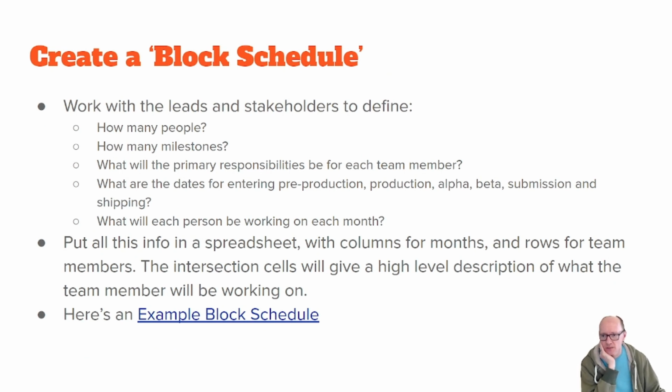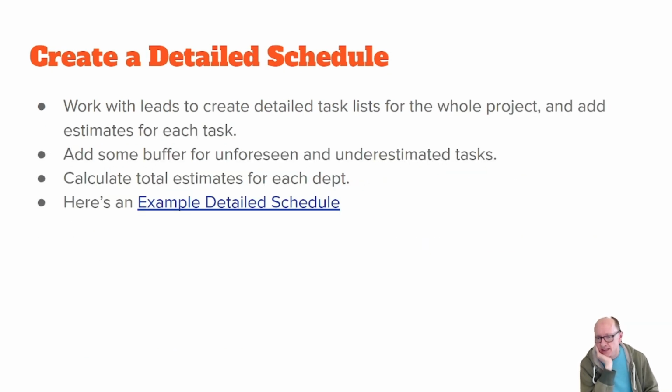So that's a block schedule, and then we also want to make a detailed schedule. So work with the leads. Now that you've got your GDD and your TDD, you've got a good idea of what it is you're trying to make, and you've got a block schedule that gives you a rough idea of the timeline. Now you want to get, as best you can, a detailed list of everything that needs to be done with estimates.